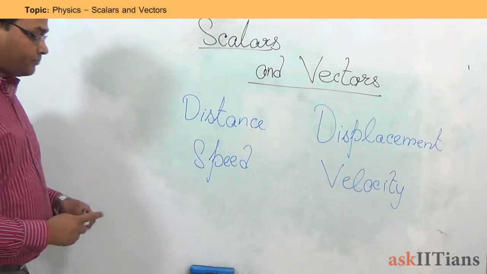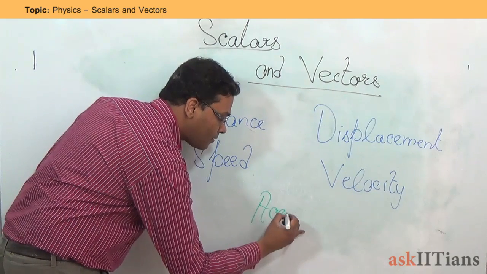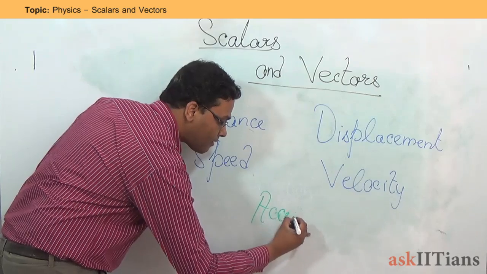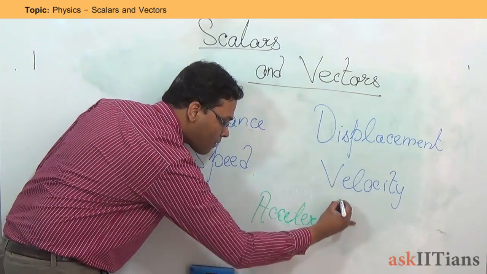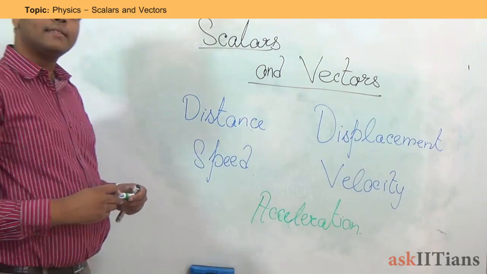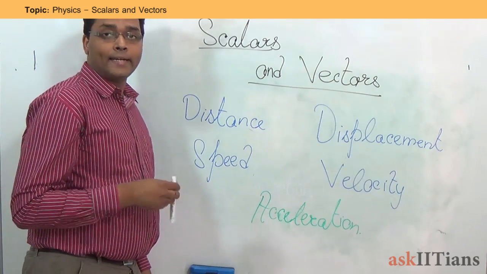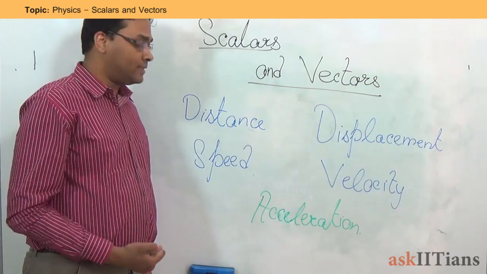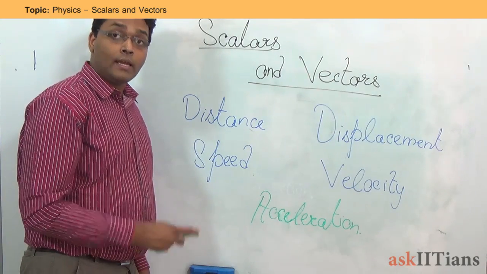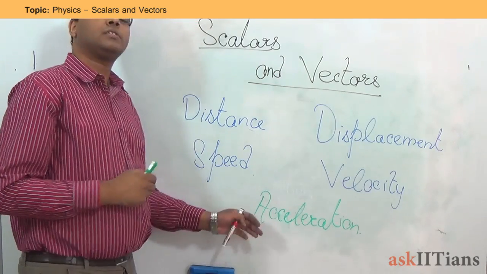Going further, we have one other quantity, that is acceleration. Acceleration does not have a scalar analog. There is no scalar quantity which has the same dimension and units as acceleration. Acceleration is always a vector. Please understand that. The reason is that acceleration is derived from force.